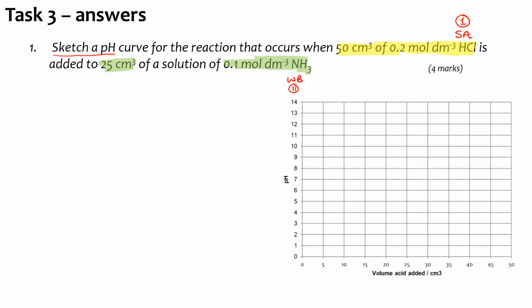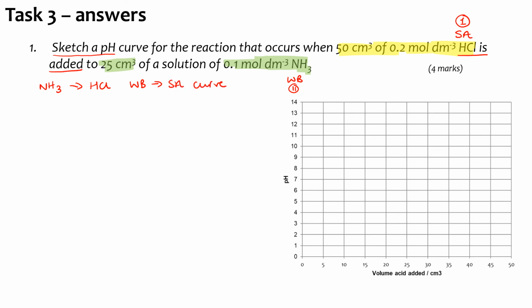Now, because the HCl is added, we are starting off with the ammonia, and we're ending up with the HCl. So this is a weak base, strong acid curve.